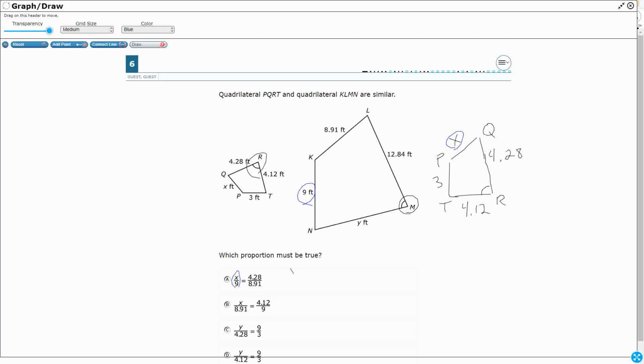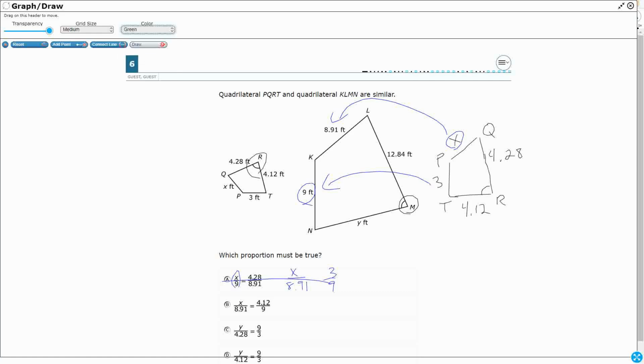What it needs to be is x over 8.91, or it needs to be 3 over 9, because this x goes to that one, and the 3 goes to that one. But x and 8.91, if they're in different quadrilaterals, you cannot have them together. If they were within the same quadrilateral, you could, as long as the other proportion matched. So that's not going to work.